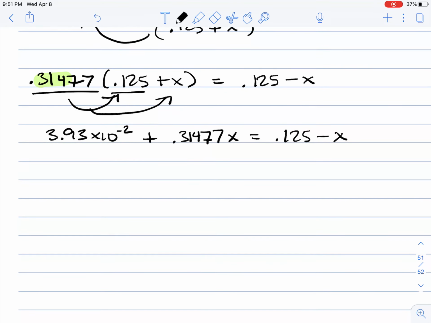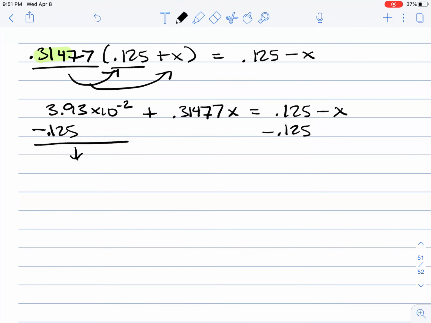And so at this point, I'm just going to rearrange some terms. So first I'm going to subtract out that 0.125. And so what I get here is going to be negative 8.56531.